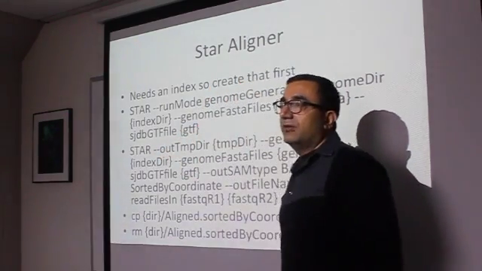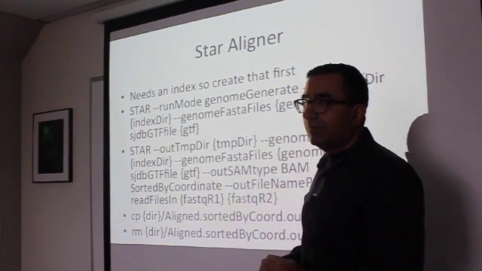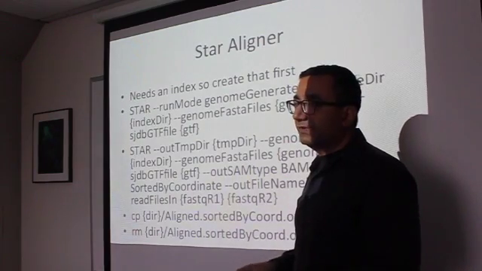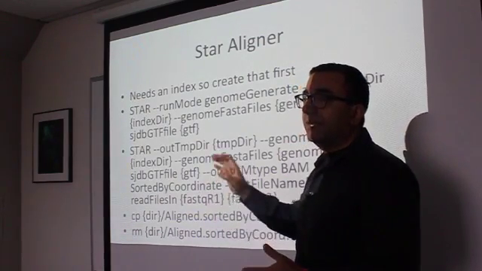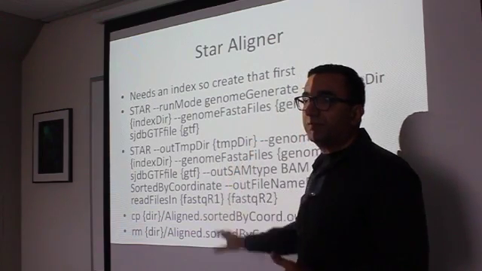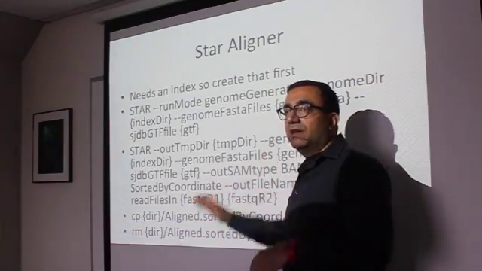Okay? So this is just the index generation step. Again, Tophat has a similar index generation step where you say tophat index, give the FASTA file, and it'll create an index for you, and with the genome directory or output directory, it'll output it there.